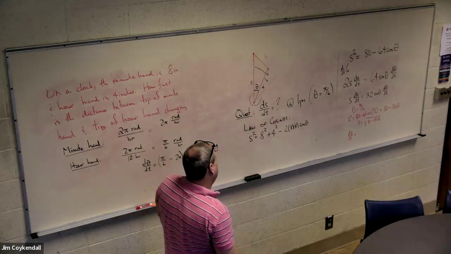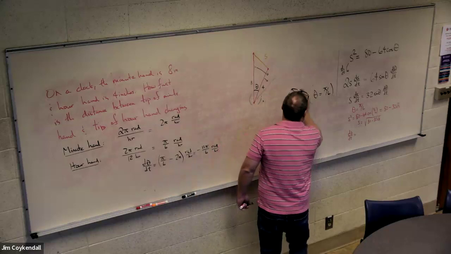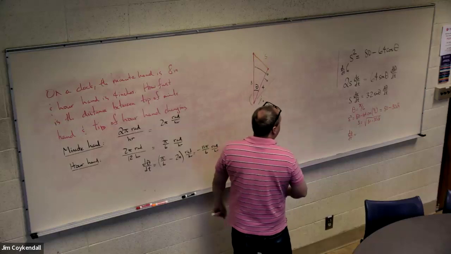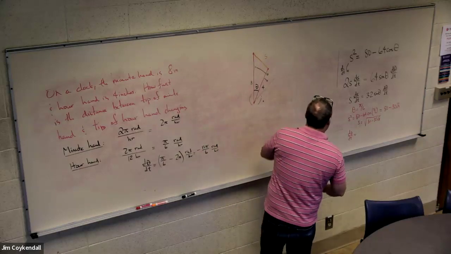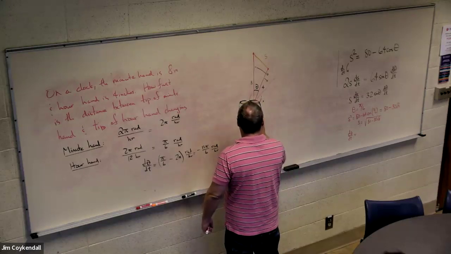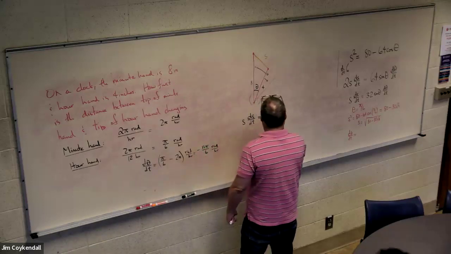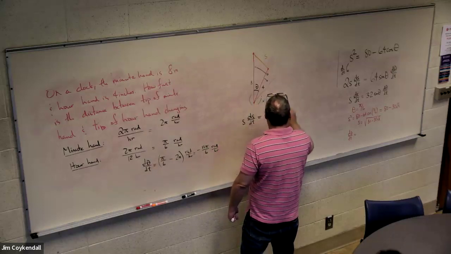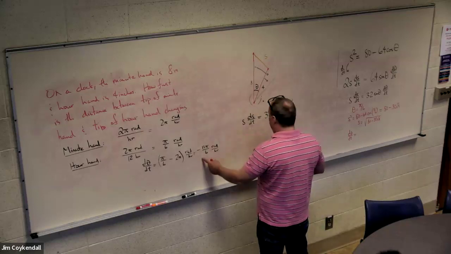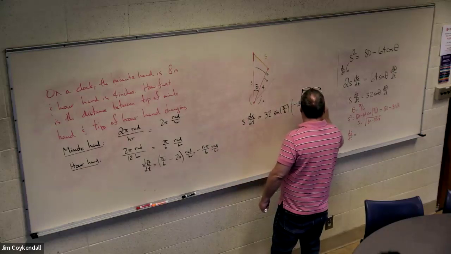So let's see what happens here. I think I've got everything we need to plug this in. S was, I'm just going to call it S, is equal to 32 sine pi over 6 times d theta dt, which is minus 11 pi over 6 radians per hour.